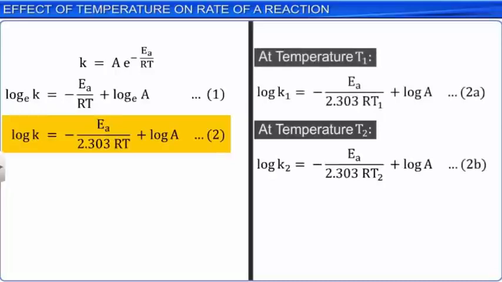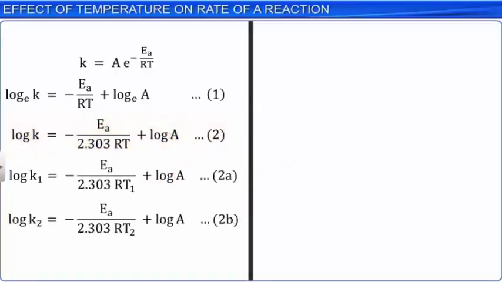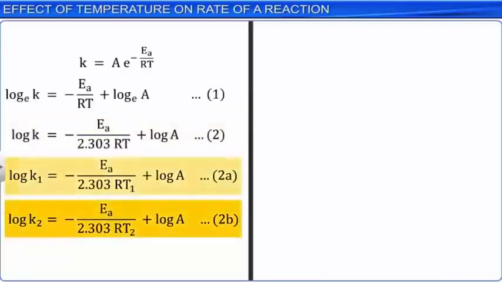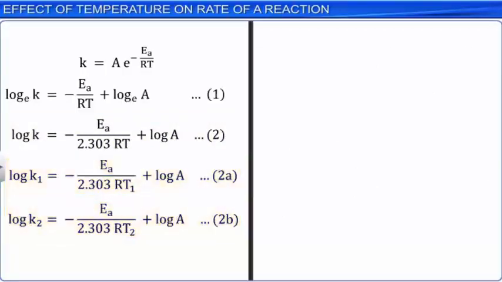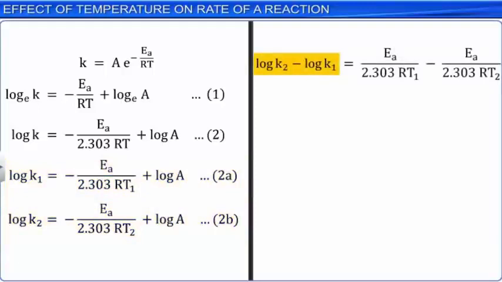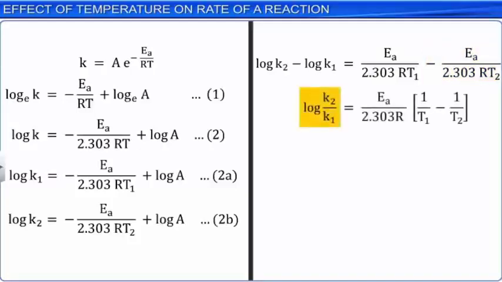On subtracting 2A from 2B, we get log K2 minus log K1 is equal to EA divided by 2.303 R T1 minus EA divided by 2.303 R T2, or log K2 divided by K1 is equal to EA divided by 2.303 R multiplied by 1 by T1 minus 1 by T2.